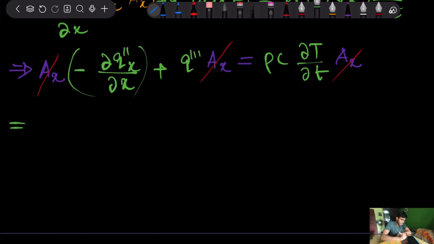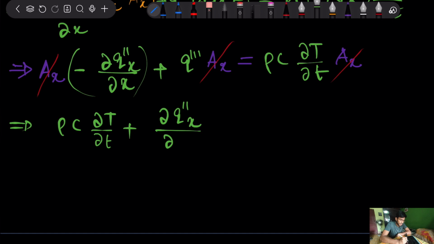So the equation boils down to rho c del T plus del q double prime x del x minus q triple prime is equal to 0.